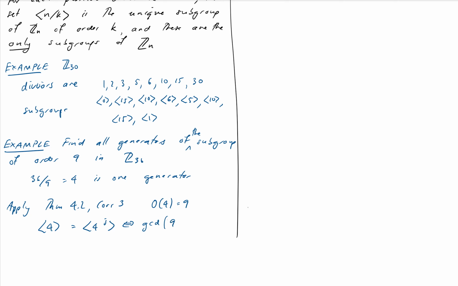So n is 9, and j equals 1. So, numbers relatively prime to 9 are 1, 2, not 3, 4, 5, 7, and 8.